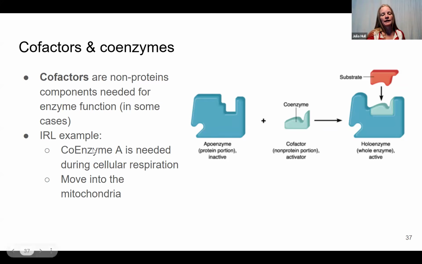And to do that, we need to have a coenzyme, because otherwise, without this other little bit here, our active site doesn't actually fit the substrate. So we need the enzyme and the coenzyme together to form an active site that the substrate will fit. Okay, an IRL example we'll see during cell respiration.